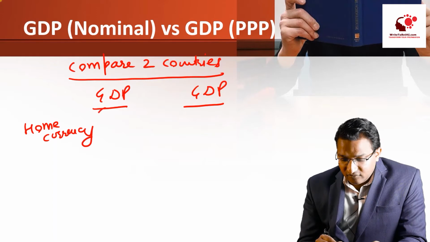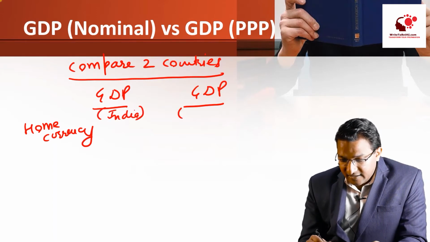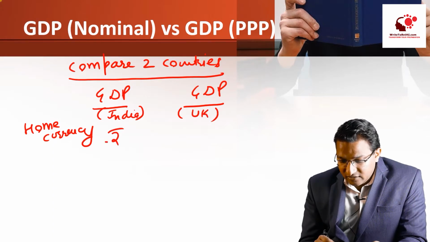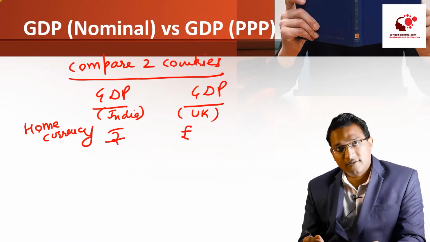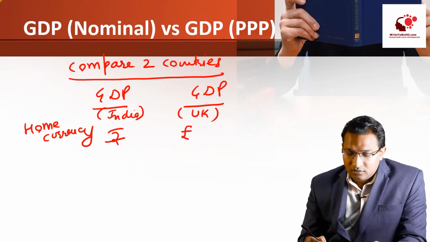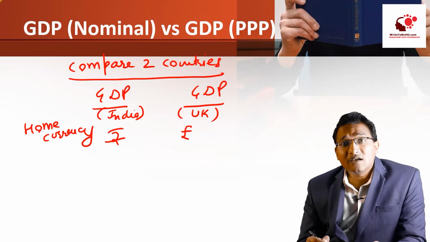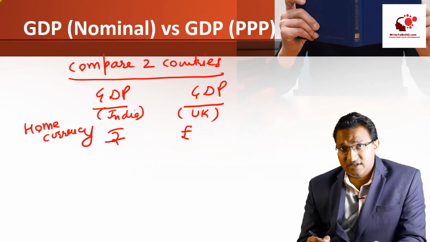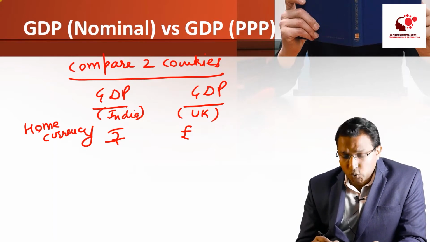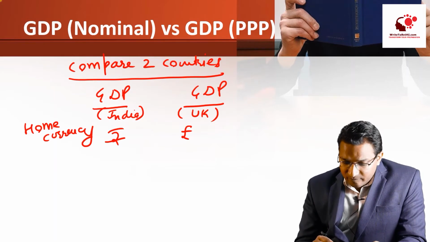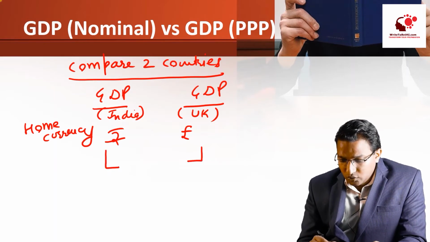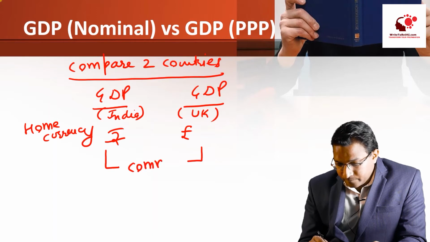So if we take two examples, one is India and another is UK. India will calculate in rupees and UK will calculate in pounds, right? Now to make the comparison between the two countries, what will we do? We will convert these two into a common currency.